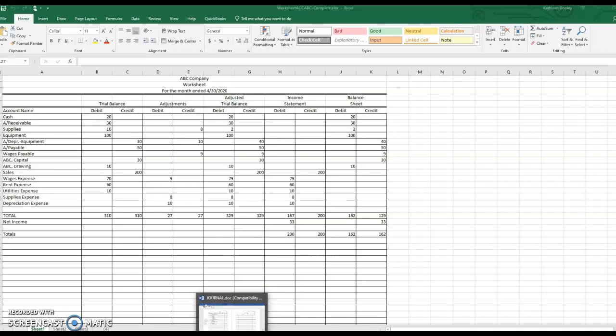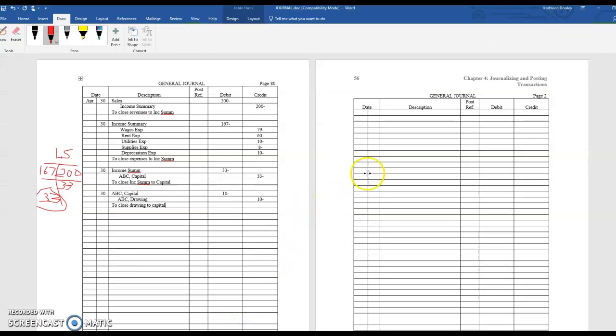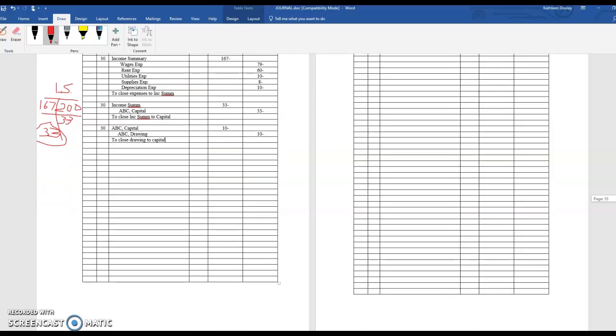So I'm going to go into where we did our closing entries, and I'm going to use this same electronic journal paper. This is ABC Company. I'm putting in my heading.